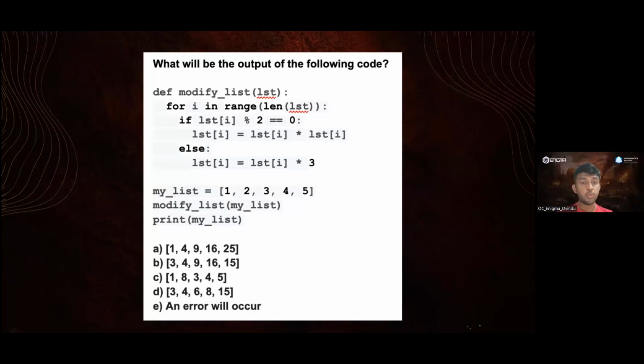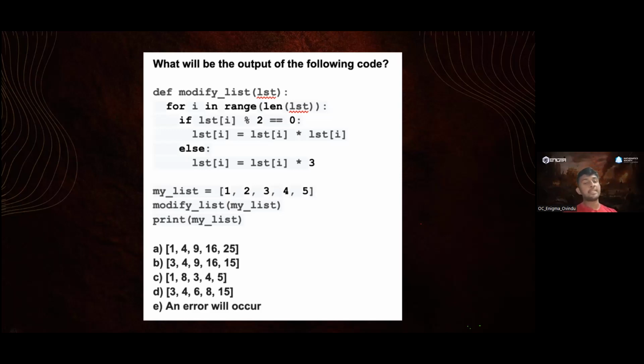Next, we go to the if statement. The if statement checks if a certain element in that list is divisible by 2. You can see that by the modulo symbol. If it is divisible by 2, it will be replaced with its square.